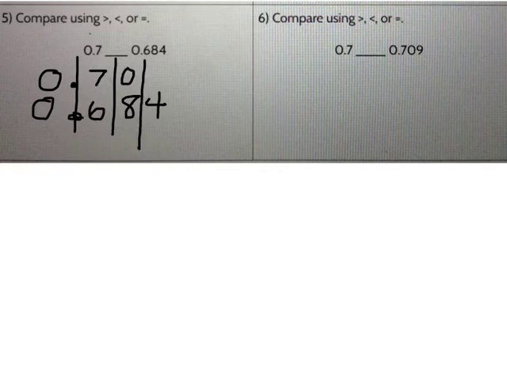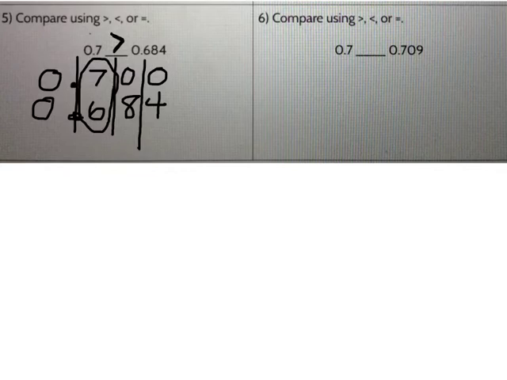Remember, we can add zeros behind the 7 because they don't change the value of our decimal. Which number is greater, 700 thousandths or 684 thousandths? The 7 in the tenths place tells us that 7 tenths is greater.